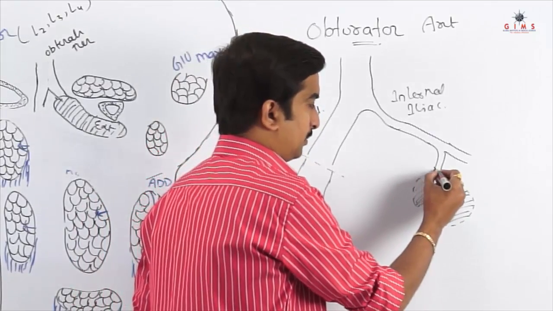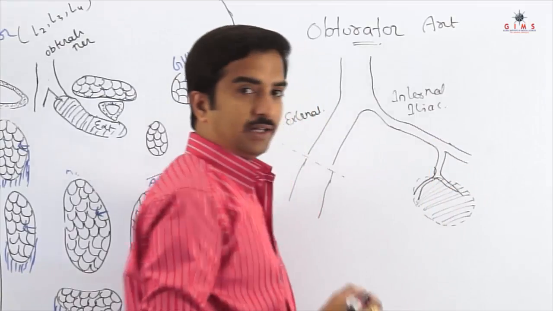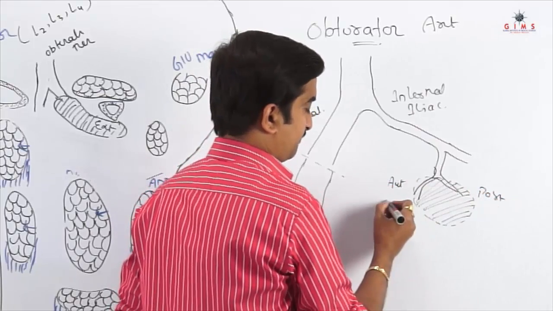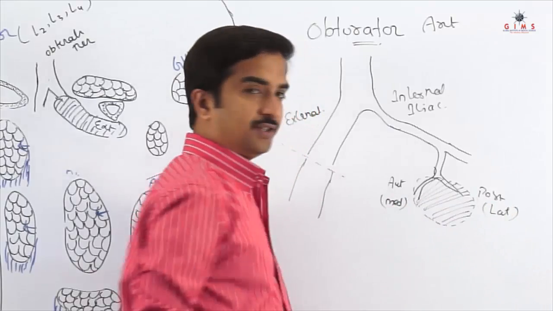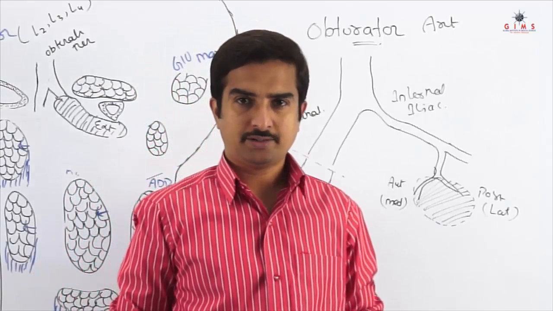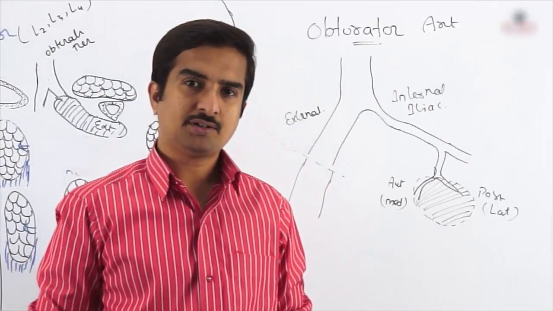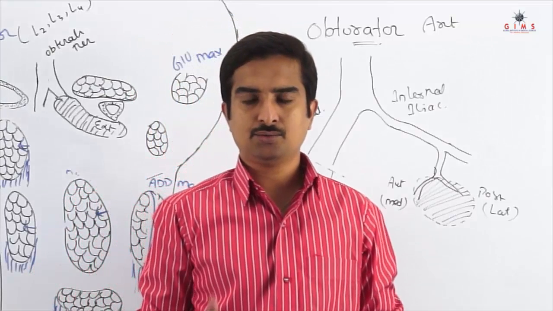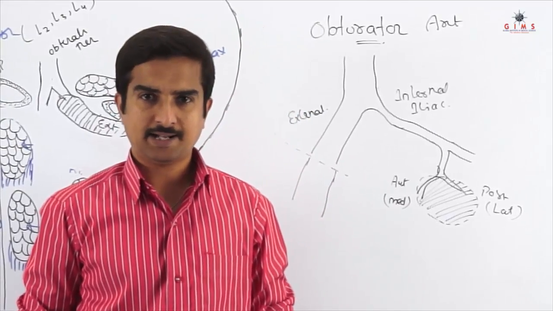Here the obturator artery divides into two divisions: the anterior division and the posterior division, also called the medial and lateral divisions.